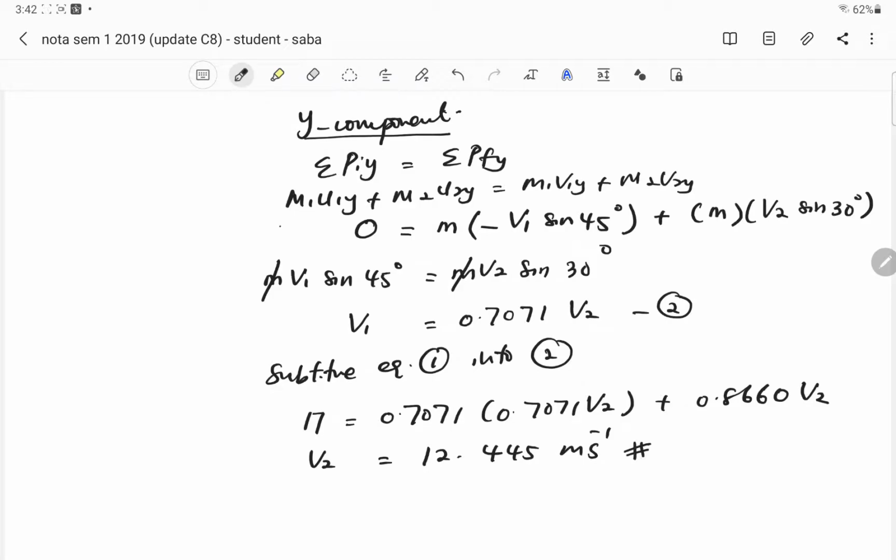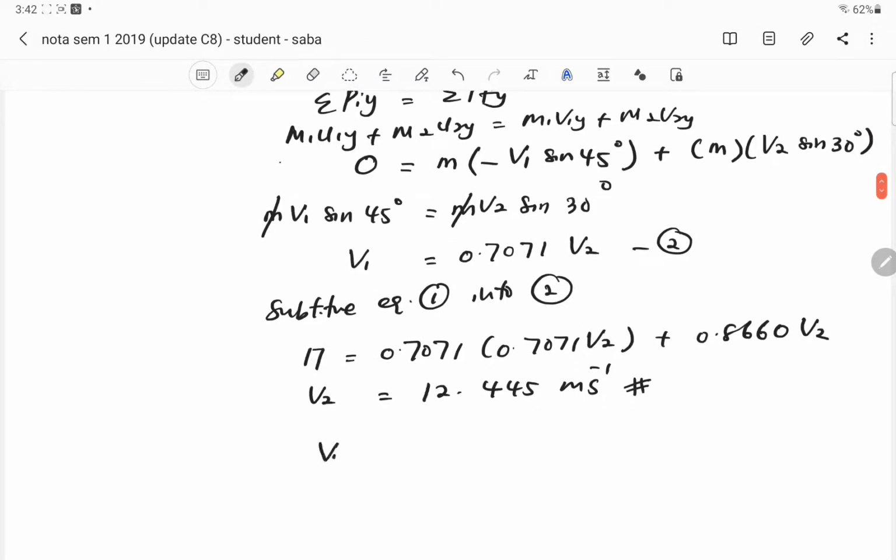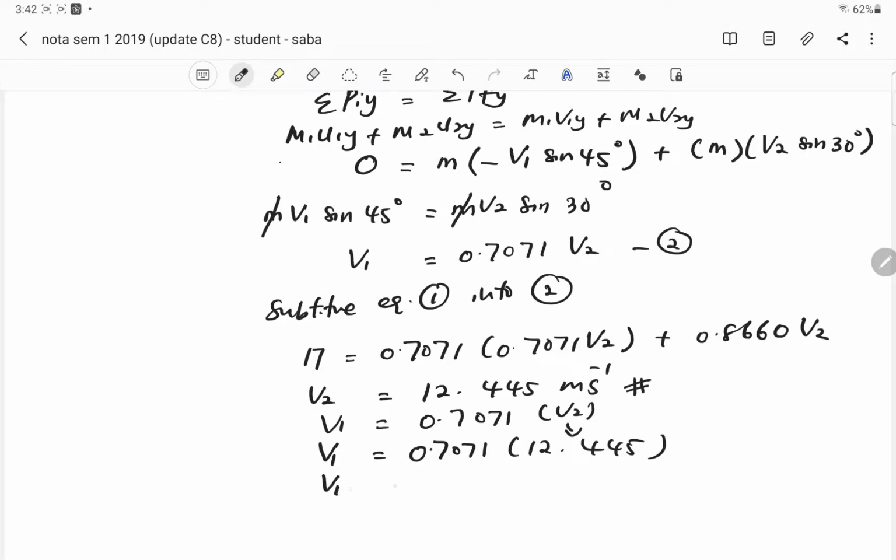When we get v2, we can find v1 too. V1 equal to 0.71 times 14.45, because earlier we had v1 equal to 0.71 v2. So we insert v2, and we get 10.80 meter per second. So we have v1 and v2.